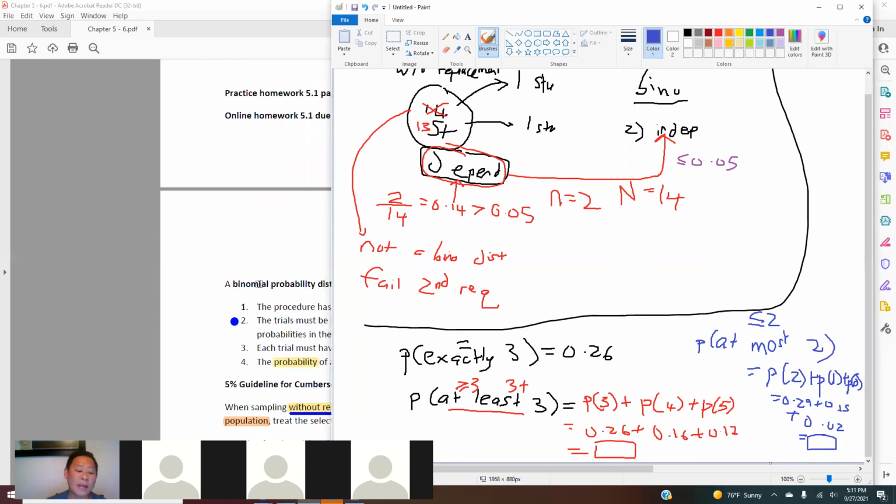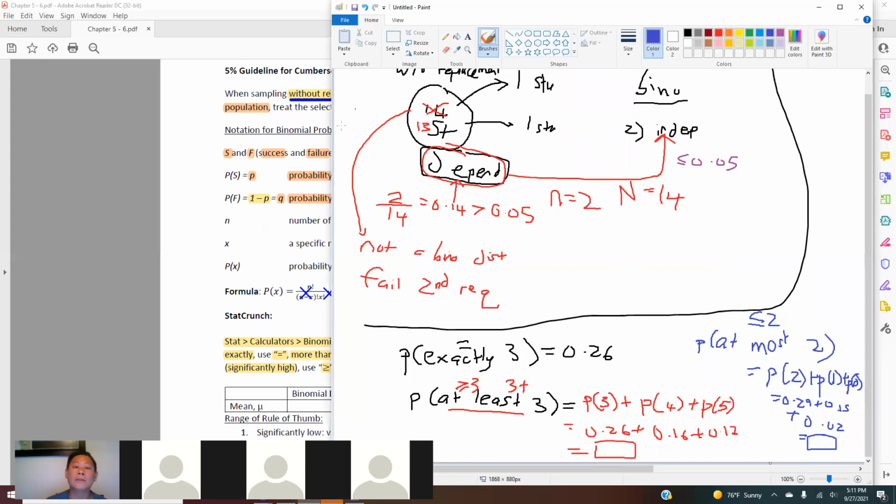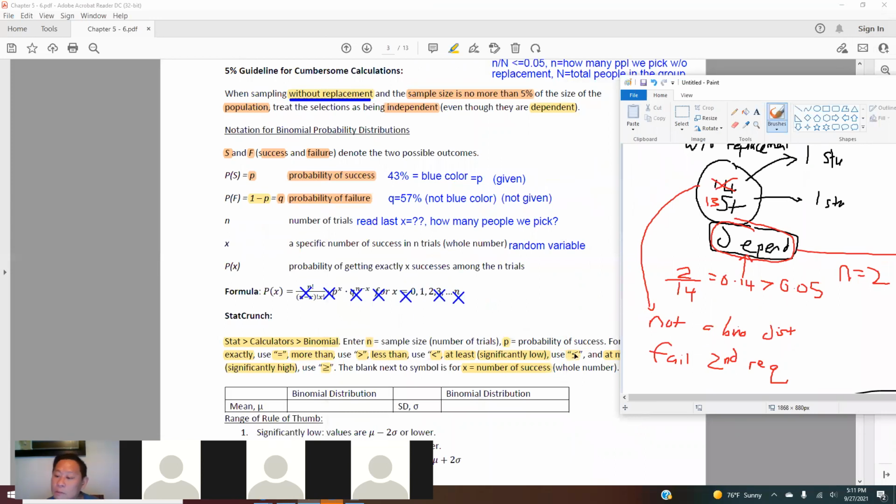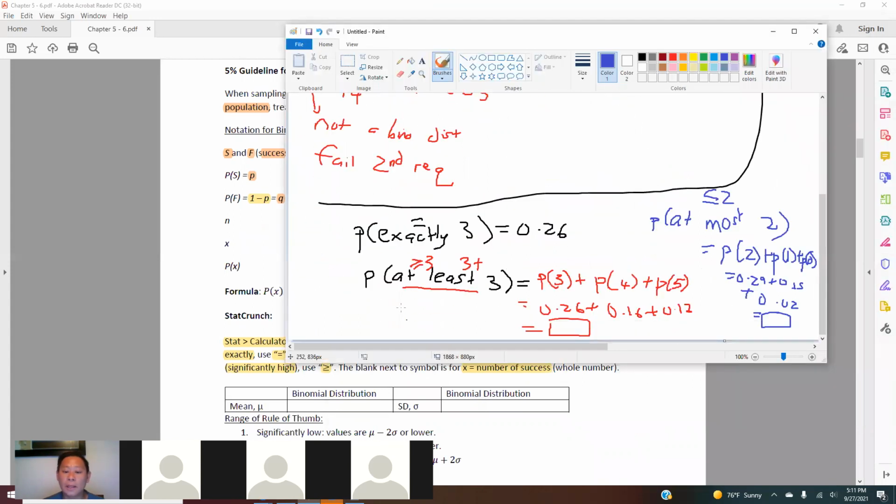So when you look at this formula here, when you have the word at least, you use... Let me see. Sorry about that. Yep, this is wrong.